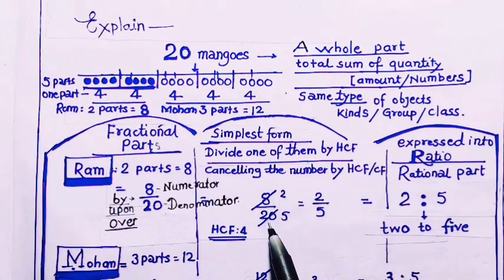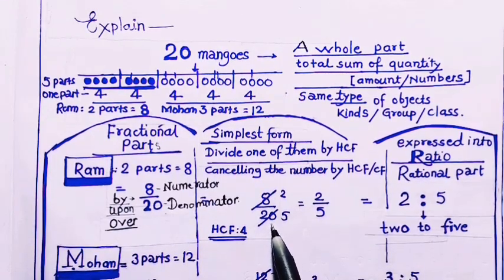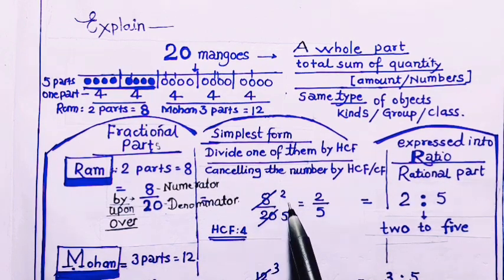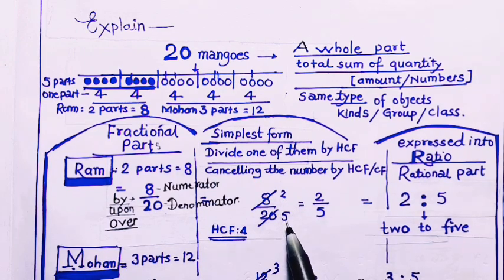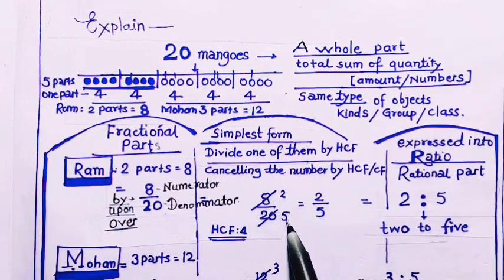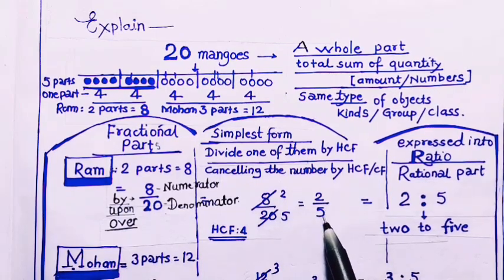As 8 by 20 is the fractional number, when it is cancelled by their HCF, and the HCF is 4, the new numbers will be 2 and 5. It will be written as 2 by 5.